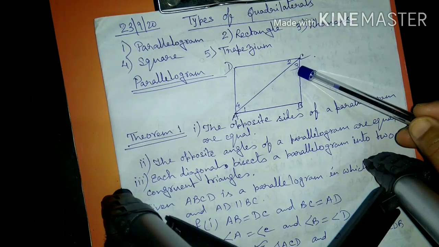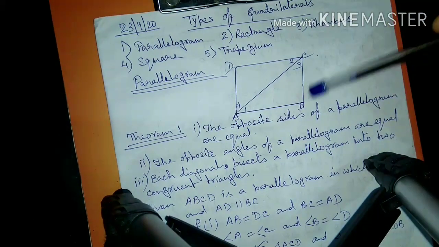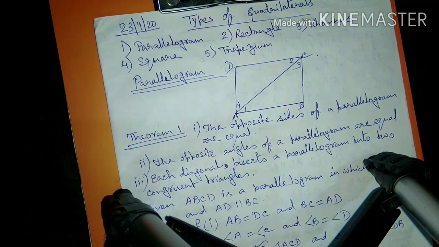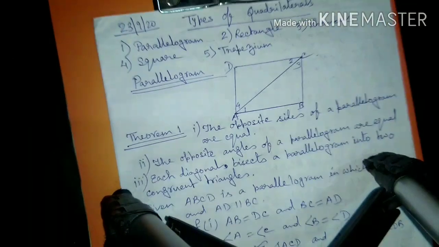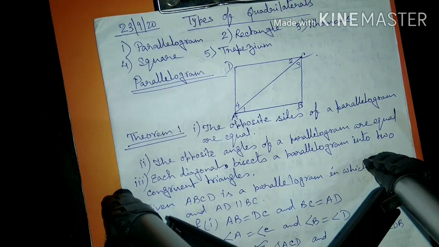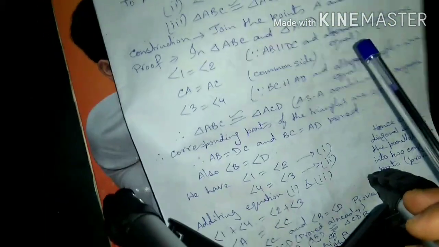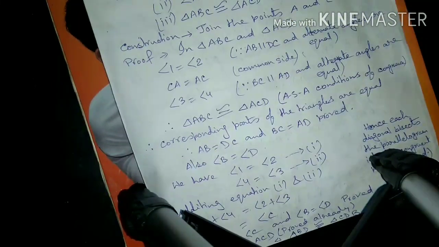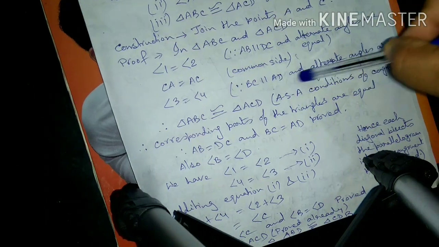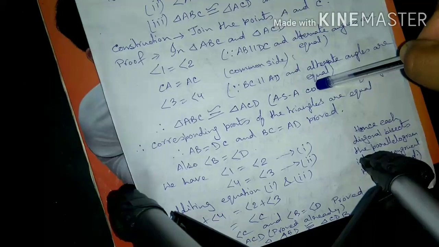Then angle 3 is equal to angle 4. Why is angle 3 equal to angle 4? Because BC is parallel to AD. Yes or no? That is why they are the alternate angles, and also this AC is common for both the triangles. Yes or no? So from this we can say that these two triangles are congruent. How? From the ASA condition of congruence, that means angle side angle.